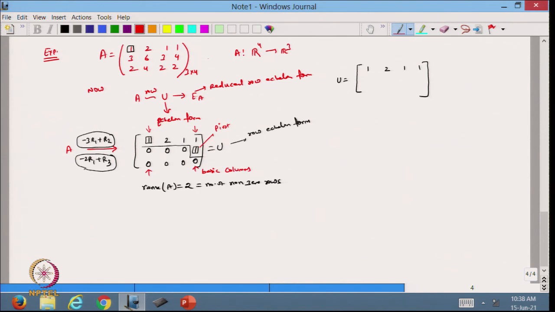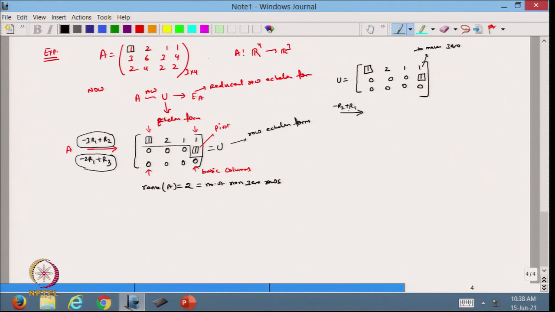So in this row echelon form, I get 0 0 0 1 and 0 0 0 0. Now this is my pivot element, this and this, so I have to make this element 0. So what I do is that I will just do minus R2 plus R1.